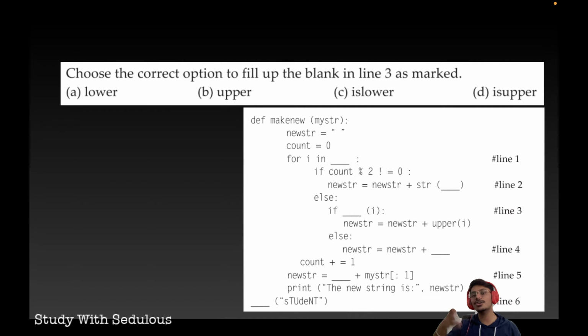But is lower, is upper are like true or false questions. So we have to use is upper or is lower. Since upper has come in the second question, lower things will be upward and upper things will be lowered. So if is lower I, so option C.